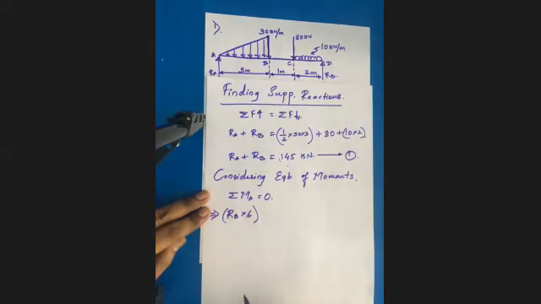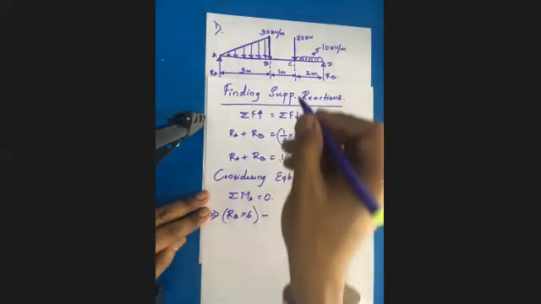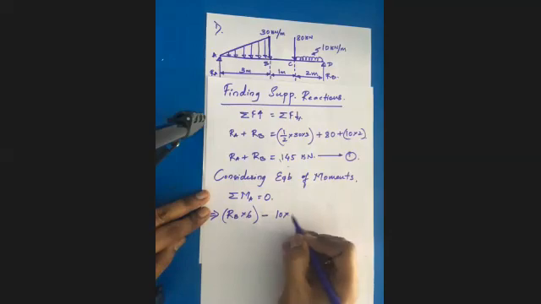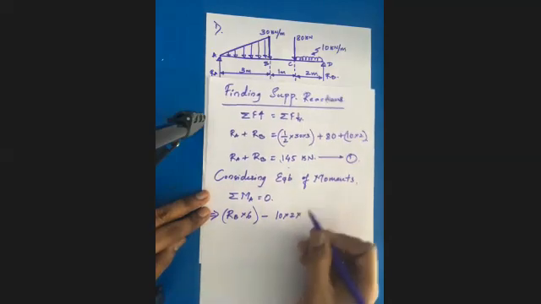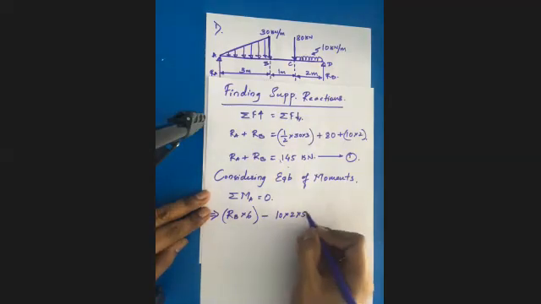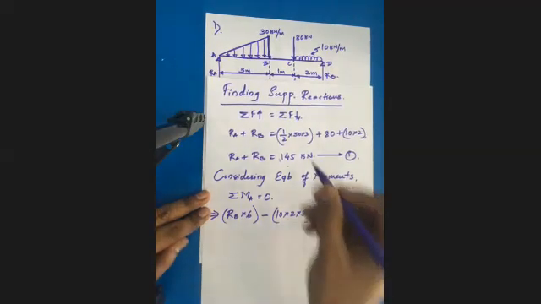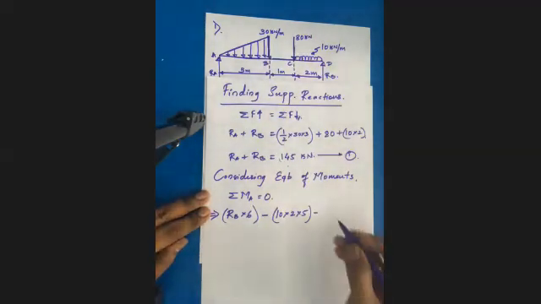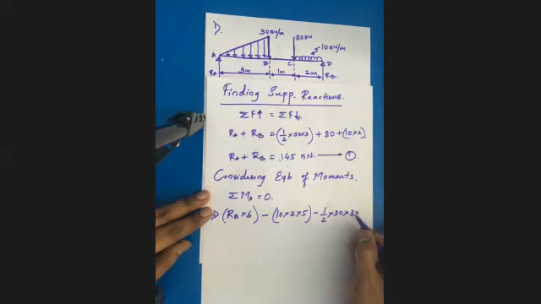RB into 6 minus 10 into 2 into 5 minus, now I'll consider the UVL, that is half into 30 into 3 into, and this becomes 2.